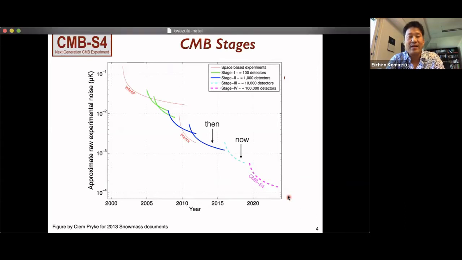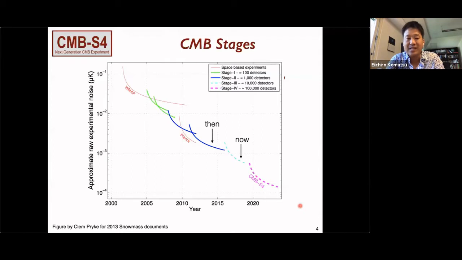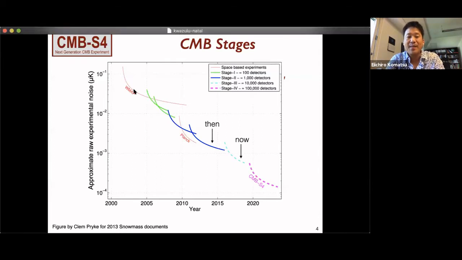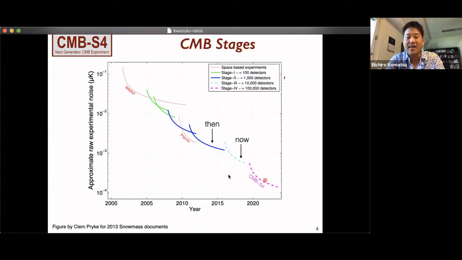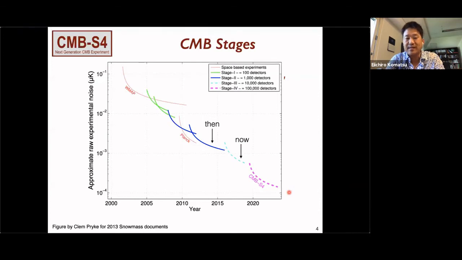And this is very educational because to make this happen, you need to have microwave sensors, like tens of thousands of them. WMAP only had order of 10 radiometers. Now we have order of 10,000 radiometers, well, microwave sensors. And the next generation will have like 500,000 sensors.